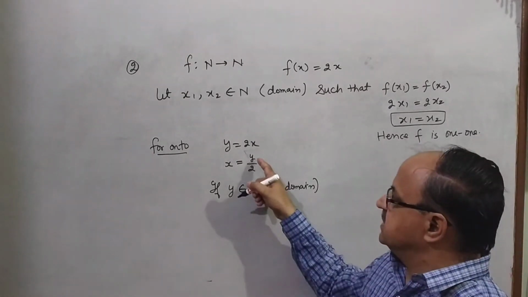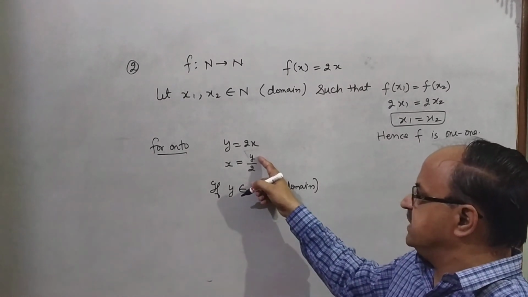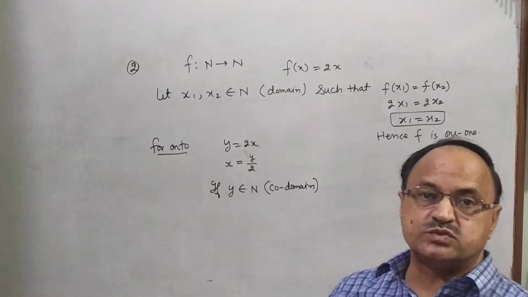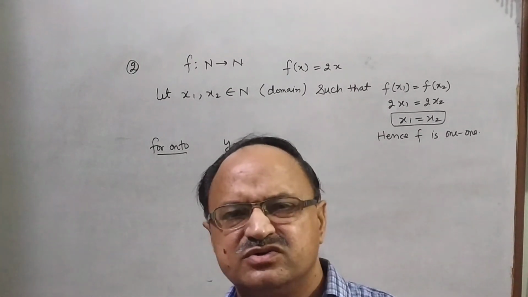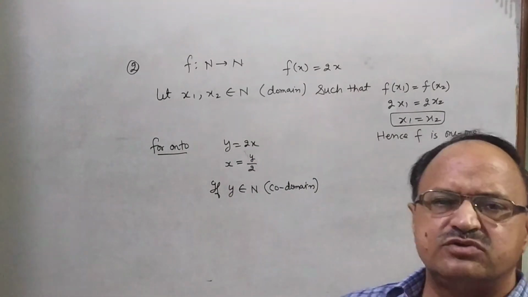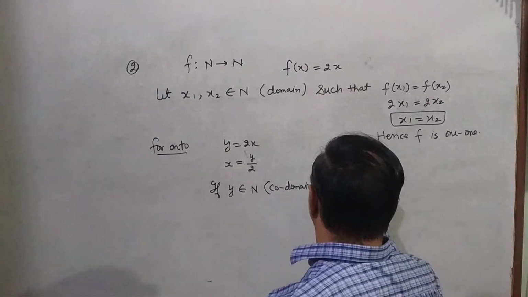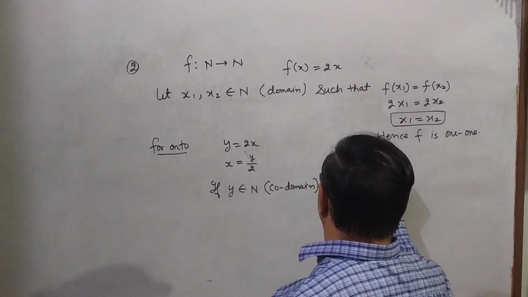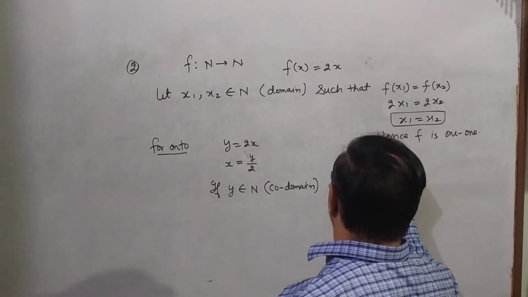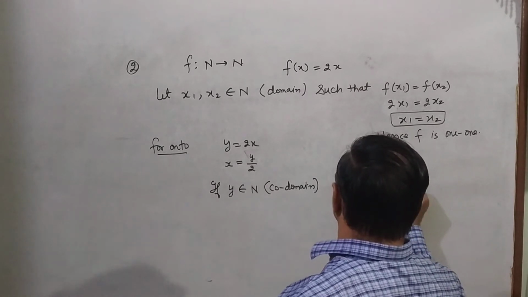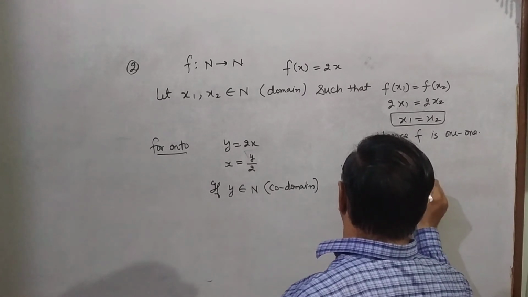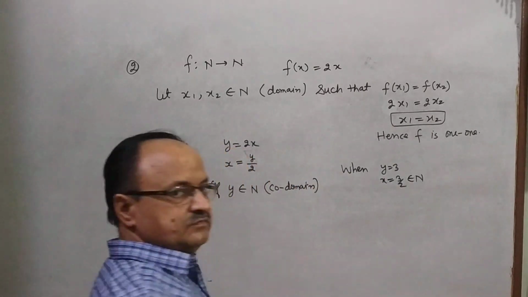When you put 3 here, it becomes 3 by 2. But 3 by 2 does not belong to the natural numbers. When y is equal to 3, then x is equal to 3 by 2, which does not belong to the natural numbers.